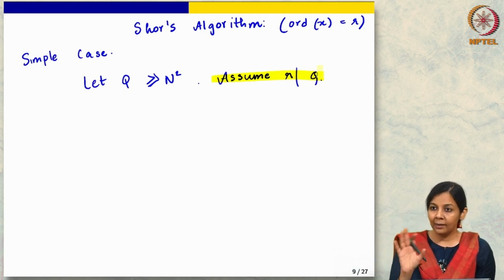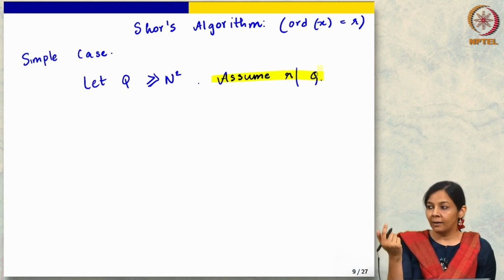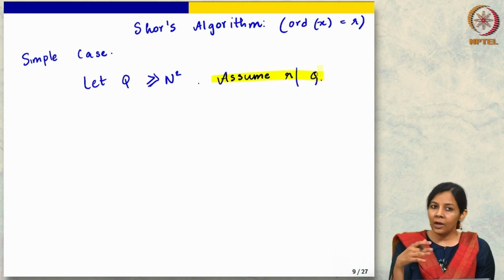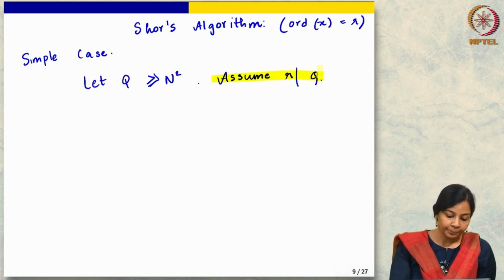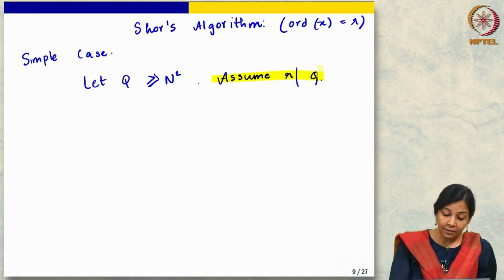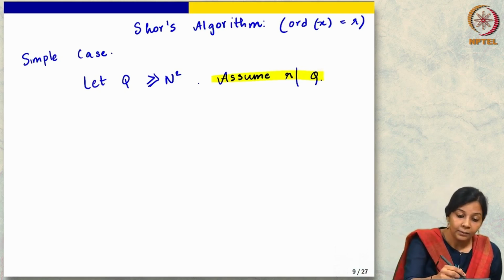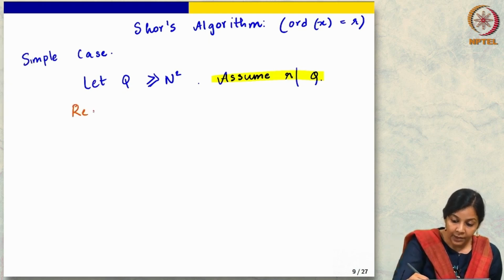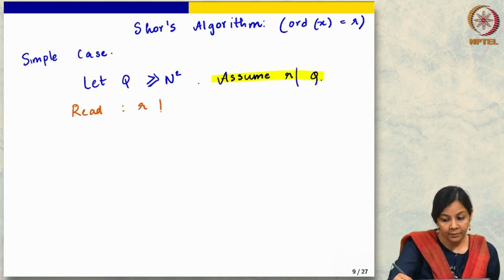We just need to handle fractions instead of integers, which we'll need to round and so on. We'll not go too much into that. We're just going to make this simplified assumption and first see the algorithm. I leave it as a reading exercise to study the more general case where we don't make this assumption.